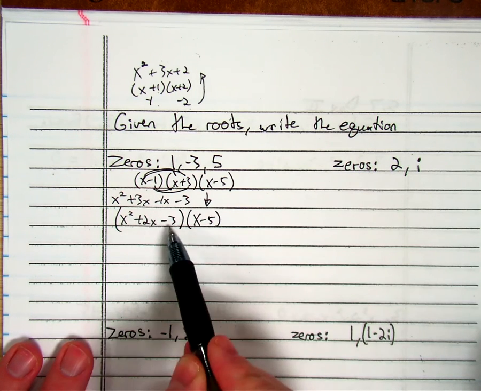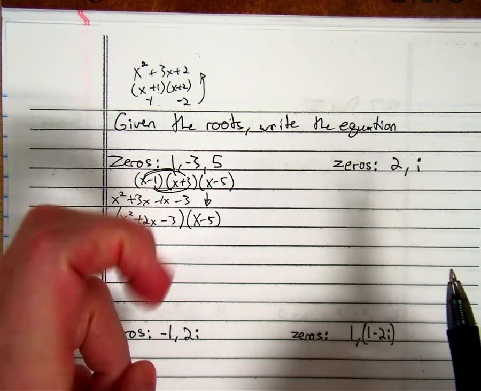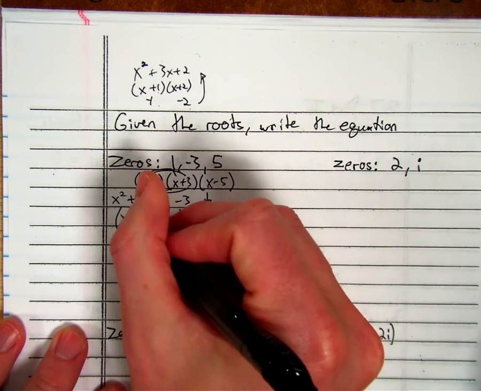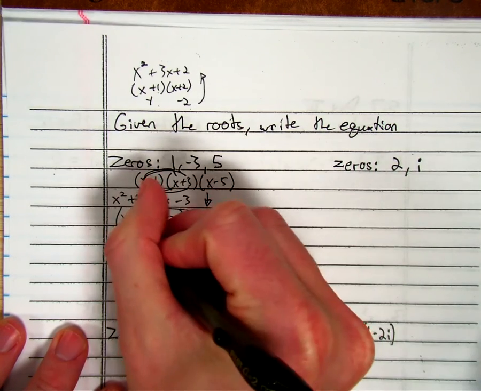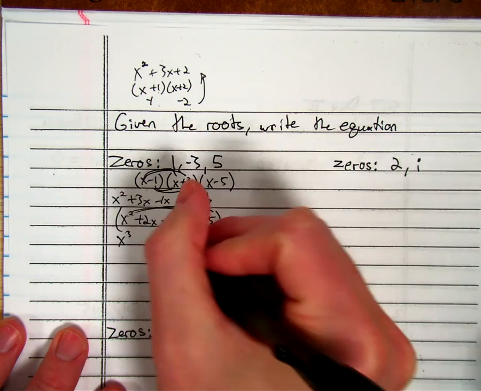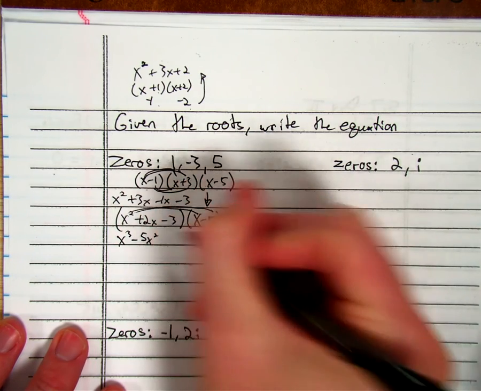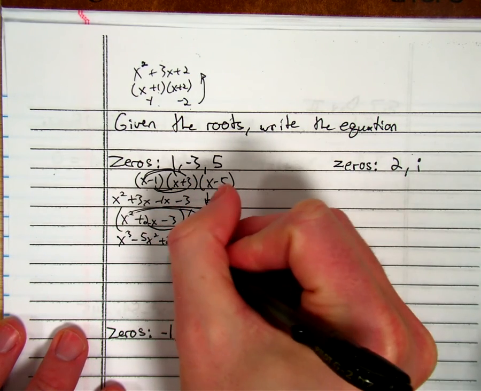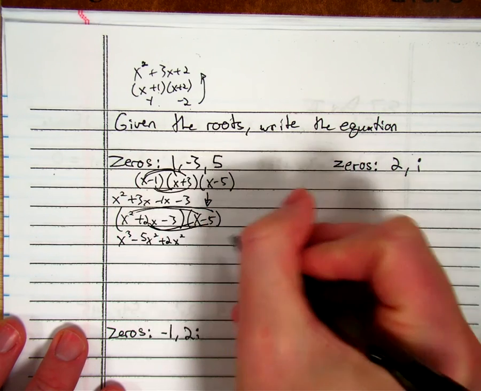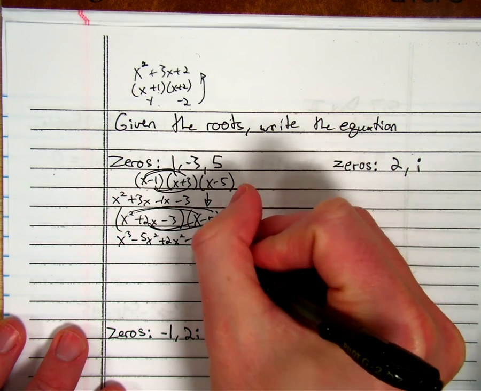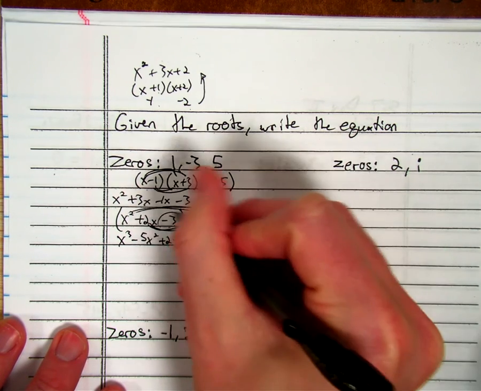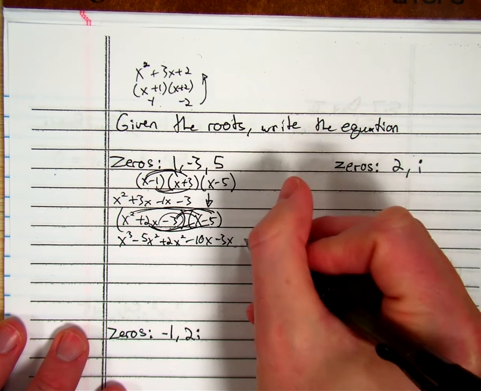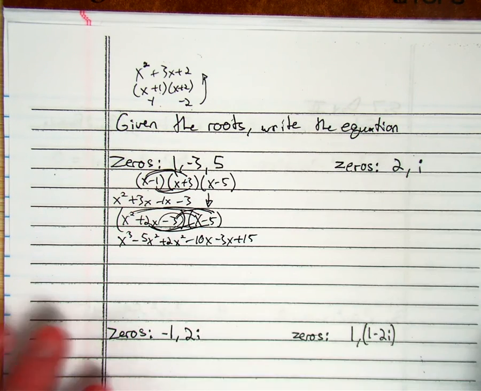Now this has 3 pieces and 2 pieces, so it's not technically FOIL. There's going to be 6 parts instead of 4. x squared times x is x cubed. And x squared times minus 5, we got minus 5x squared. Then the 2x times x, we got plus 2x squared. And the 2x times minus 5, we got minus 10x. And then the -3 times x, minus 3x. And the -3 times -5, plus 15.